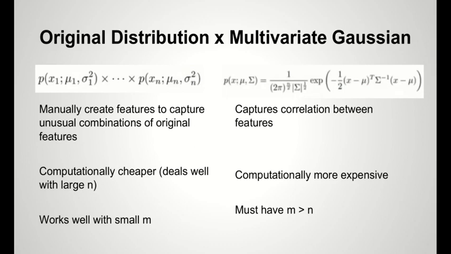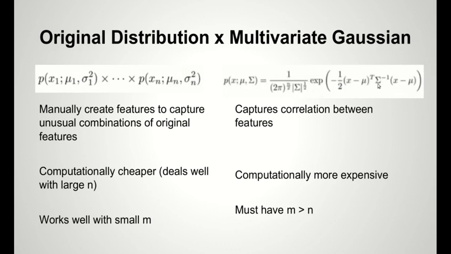Let's now compare anomaly detection and supervised learning. When you have a small number of positive examples, by that I mean examples with y equals 1, and you have thousands of negative examples with y equals 0, and maybe a few up to 20 positive examples, and you want to know which is the anomaly.